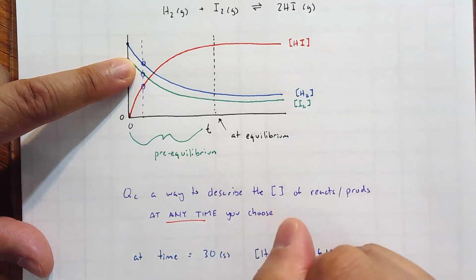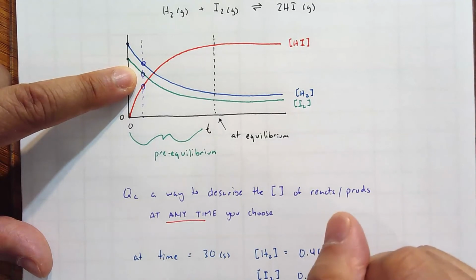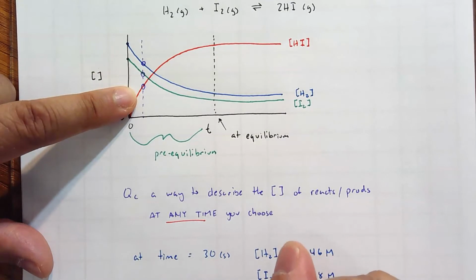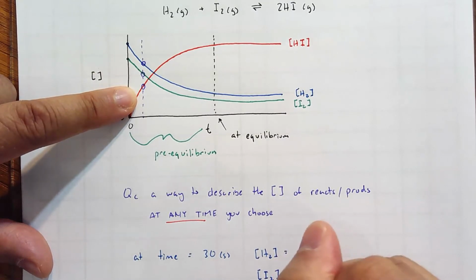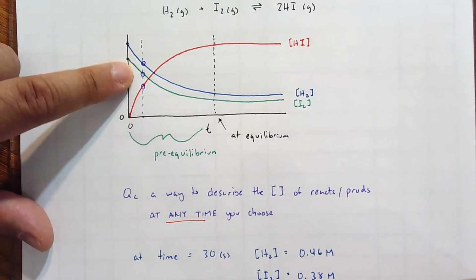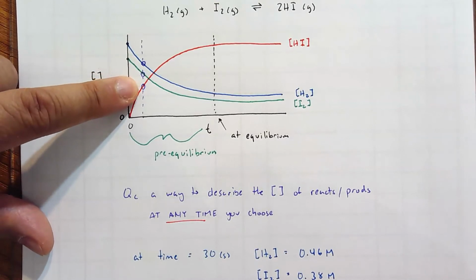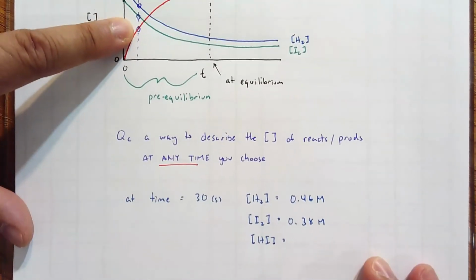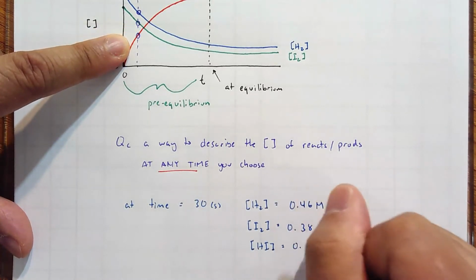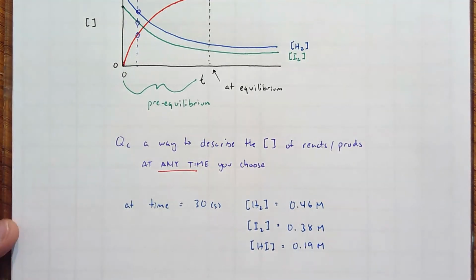We have an I2 concentration of 0.38 molar, and we have a concentration of HI equal to, I'm just making up these numbers, but I'm making sure that the order's the same as what the graph is telling me. So HI is the least. We'll call that 0.19 molar.